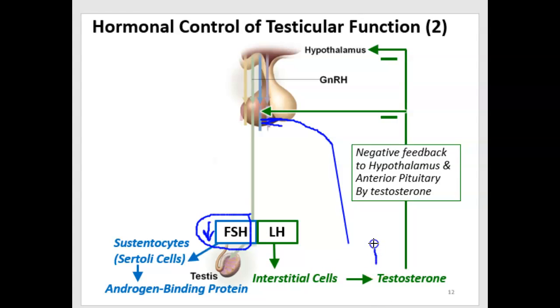That means that when testosterone levels are high or normal, inhibin will prevent that testosterone from staying in the testicle, because what inhibin does is it lowers FSH secretion, which lowers androgen binding protein, and so then less testosterone is kept in the testicle. And we're going to review why that's important in a second.